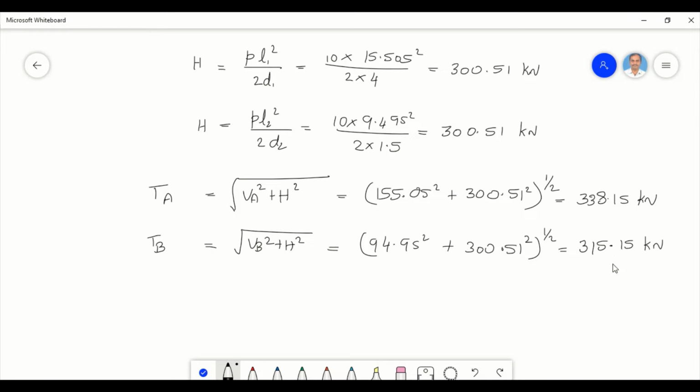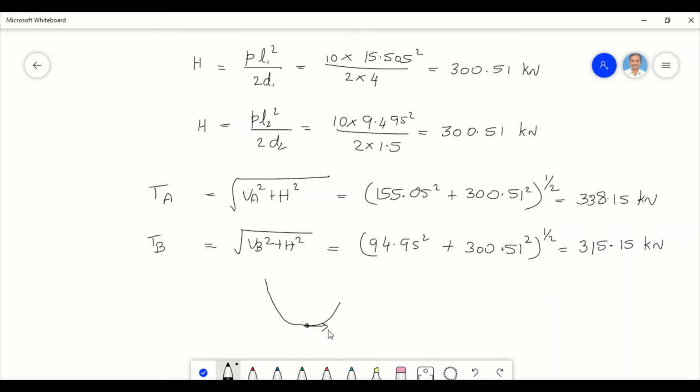Now we have the value of TA as well as TB. The maximum tension in the cable is 338.15 kilonewton. It occurs at A. And the minimum tension actually occurs at the point where there is maximum dip. In this cable profile, we have maximum dip somewhere. So this will have a tension which is actually acting horizontal.